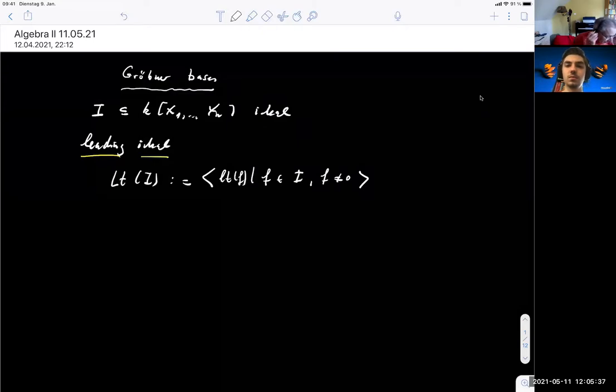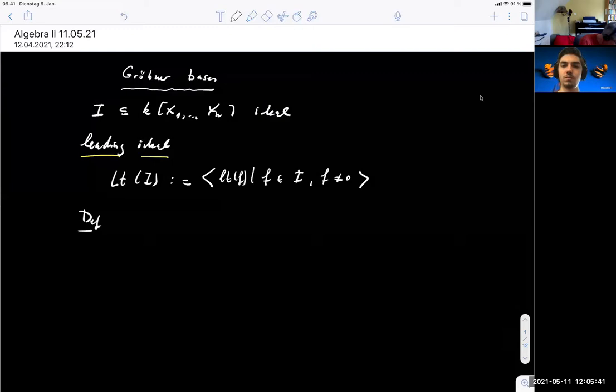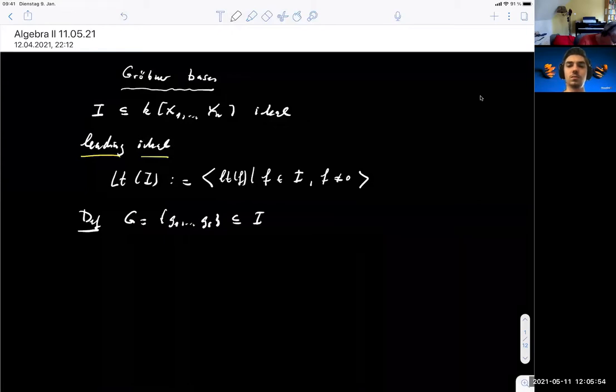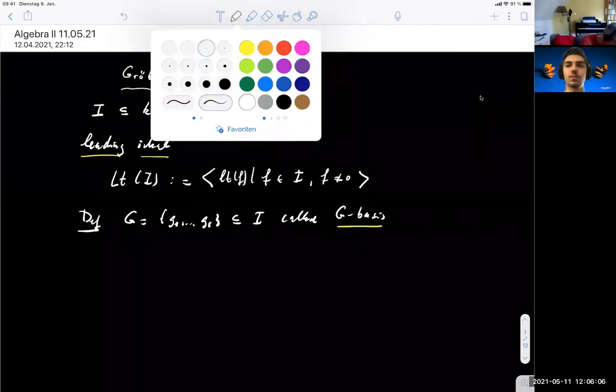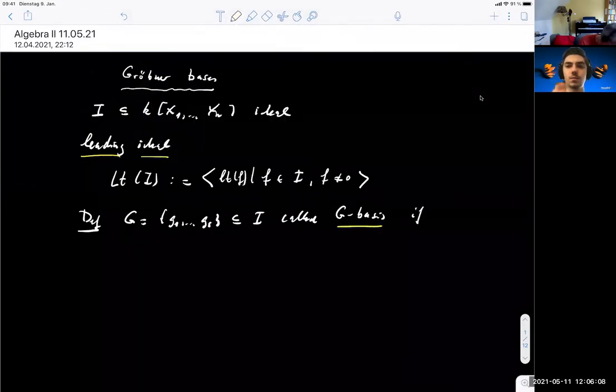The monomial ideal generated by all the leading terms of polynomials in the ideal. Right. And the Gröbner basis, what is a Gröbner basis? A definition. A collection of polynomials, actually these polynomials have to be in the ideal, is called a Gröbner basis. For short, I just write G basis. It is a Gröbner basis if the following holds.